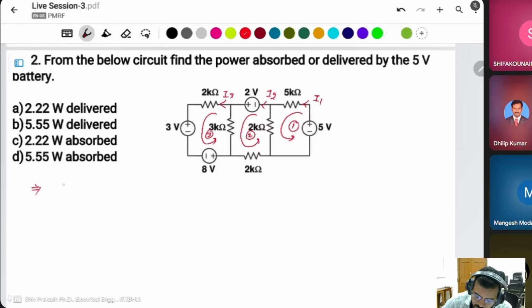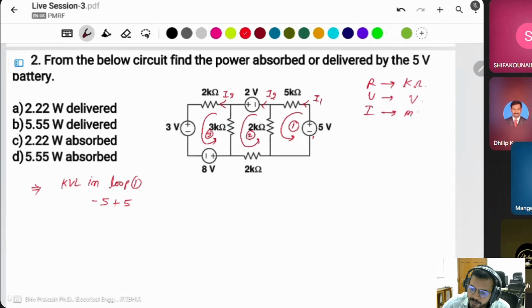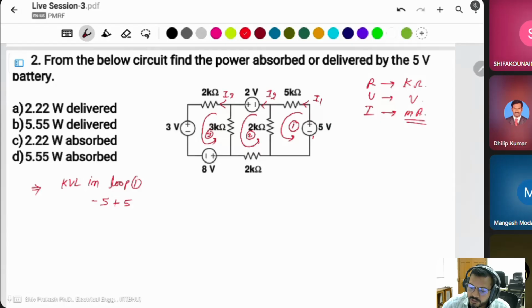First of all, in loop 1, starting from this one, minus 5 plus 5 kilo ohm. Actually here all the resistances are in kilo ohm and voltages are in volt. Then the current comes in milliampere.